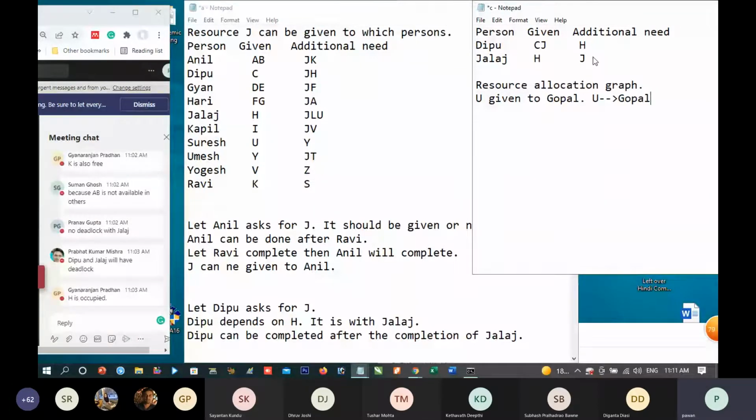Let me take H. H is given to Jalaj. It means that from H to Jalaj there is an edge.